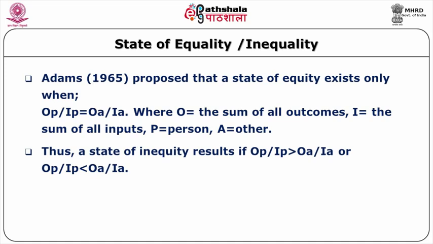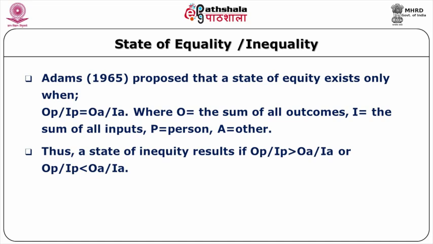O stands for the sum of all outputs, I stands for the sum of all inputs, P represents the person himself or herself, and A represents the other person or persons, that is, the reference group or person with whom the individual compares self.